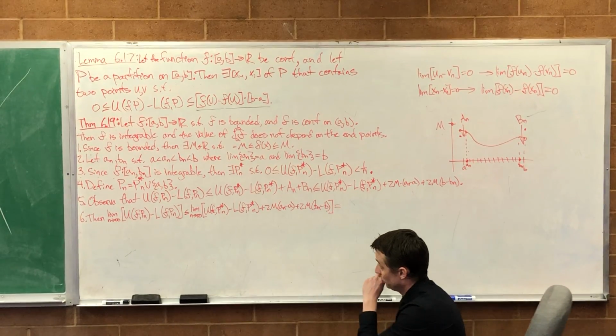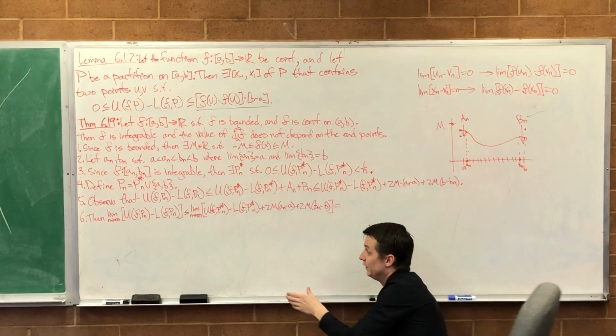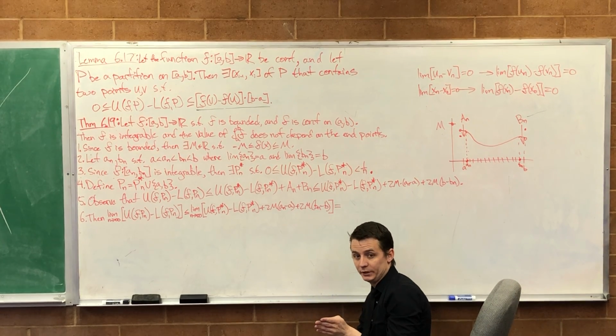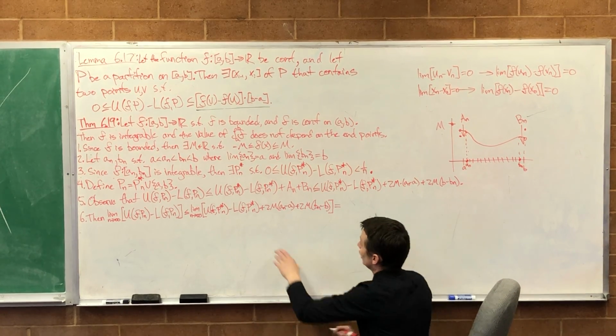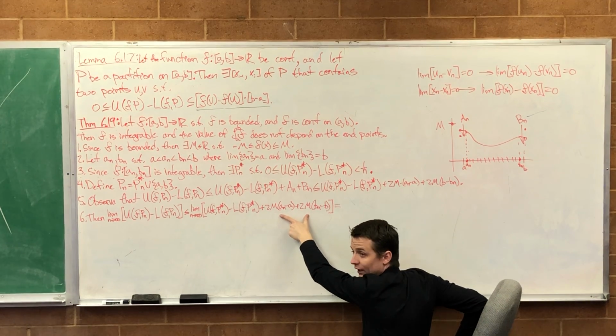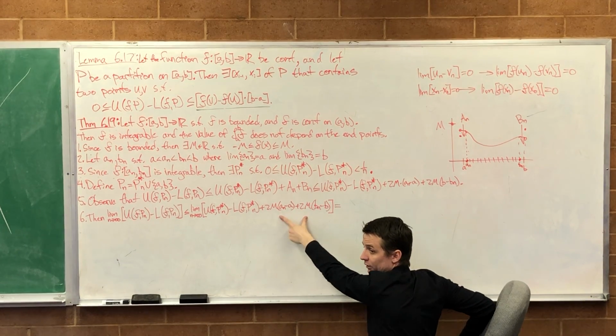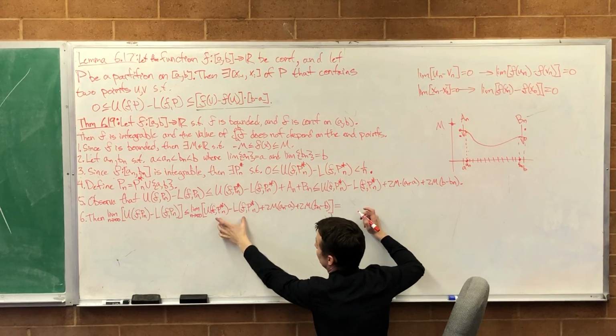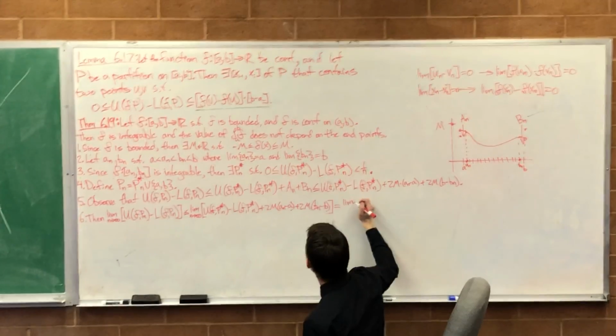which is equal to. Now, the limit of the sum is the sum of the limits, right? So I can pull these two outside the limit and take their limits separately. Both of these are going to go to 0, right? Exactly.